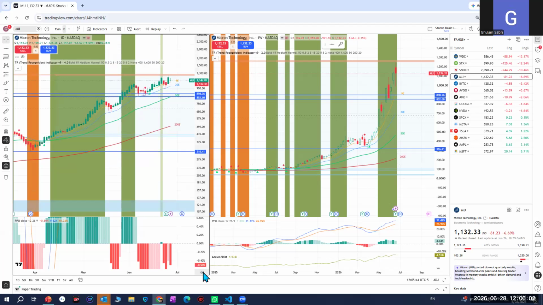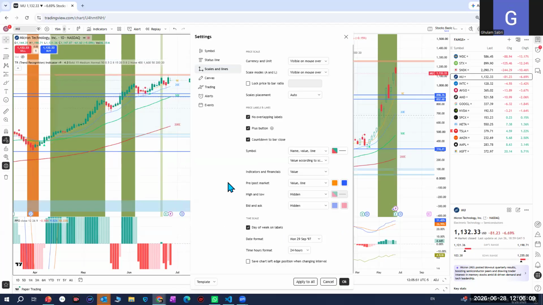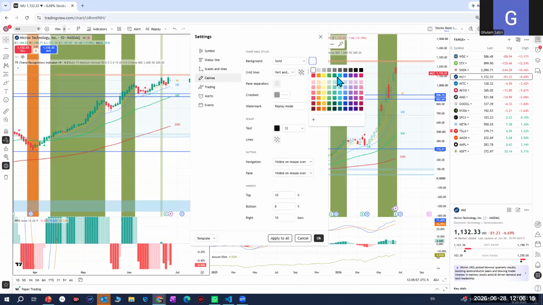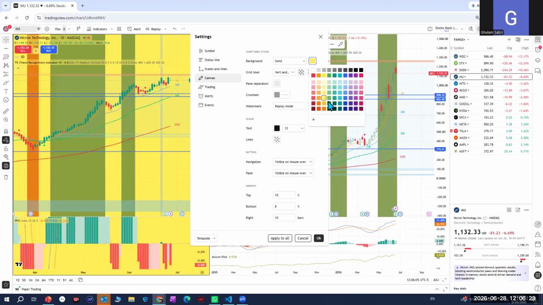If you want a black background, go to any chart area, right click, go to the settings, and over here, canvas, choose a color of your choice, and the chart background will change according to whatever color you choose. Okay.